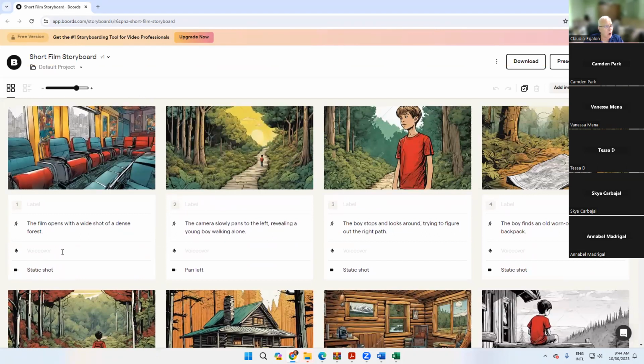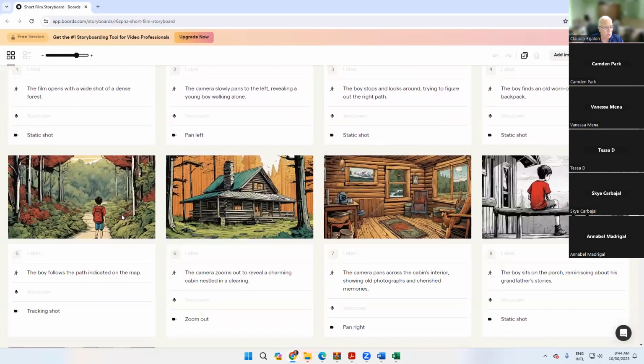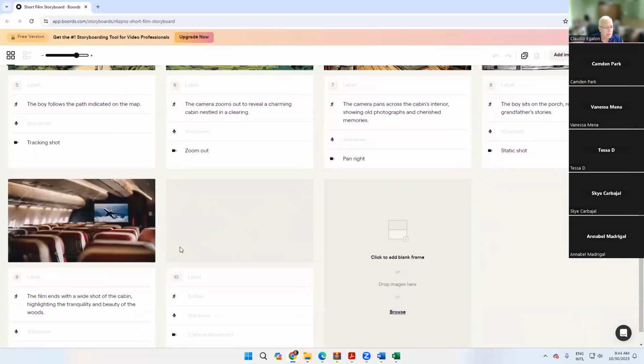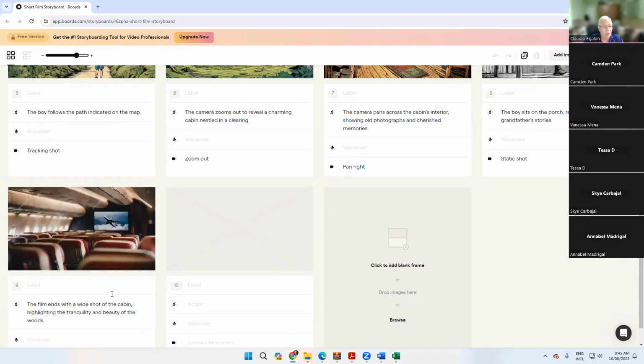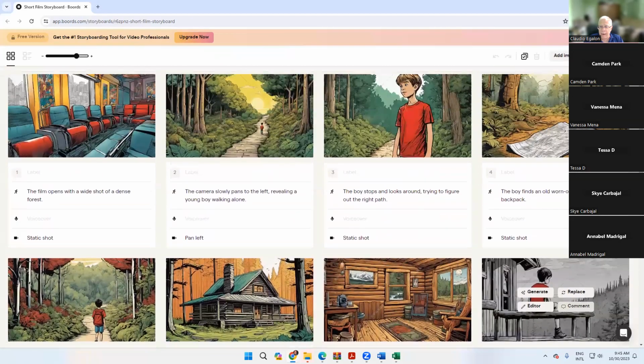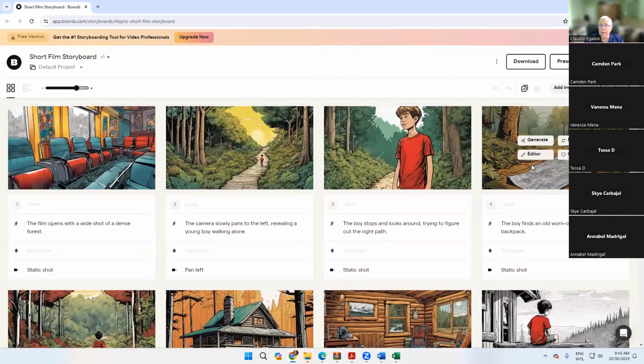I asked it to draw a room with seats, okay? And it came up with this. All the other pictures that you see in here were already there. This is another one that I asked this artificial intelligence software to generate: inside of an airplane with seats, okay? But the other ones were already there when I logged in. It's pretty interesting. It's already colored.